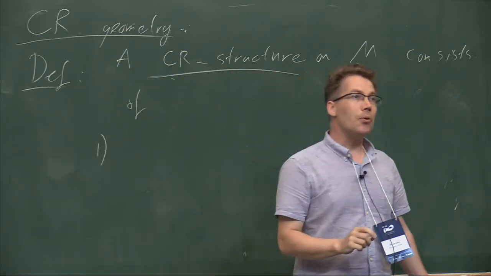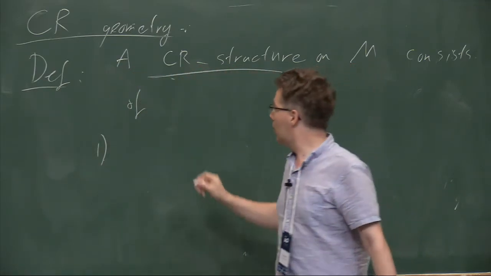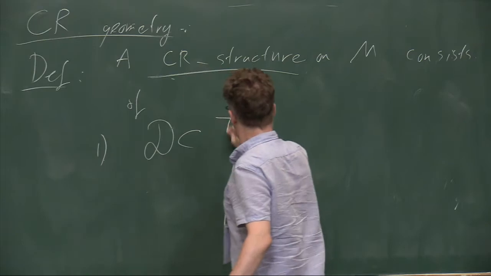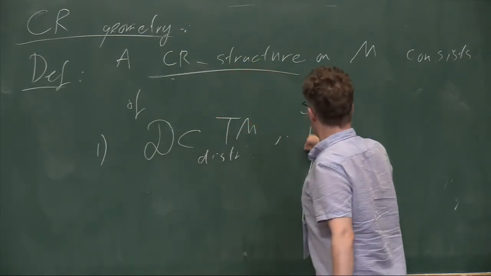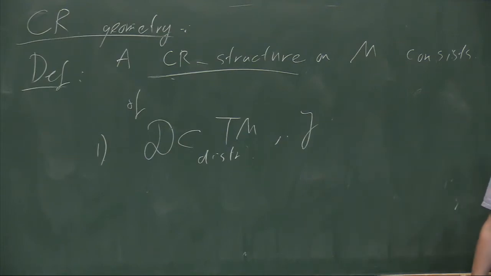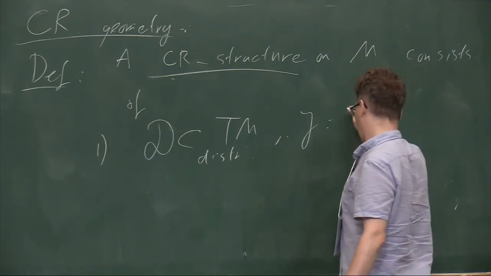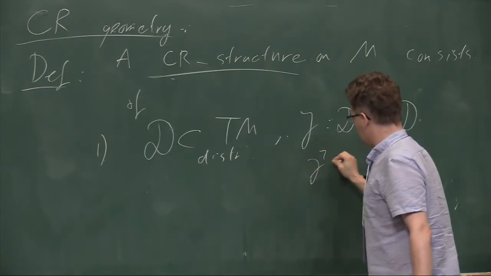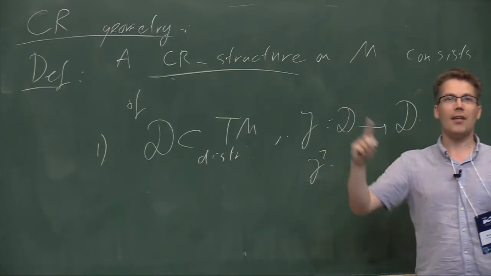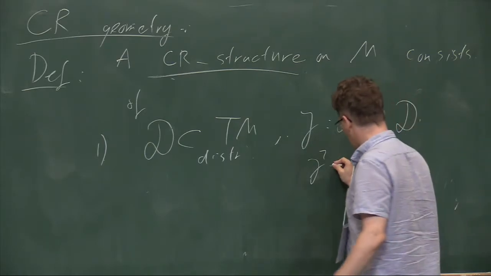So we need a distribution in the tangent bundle. We need a complex structure, or almost complex structure, on this distribution, which we usually extend to be 0 on the complement.